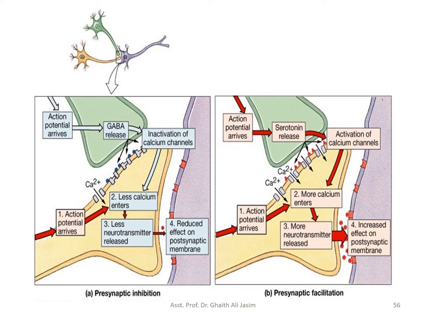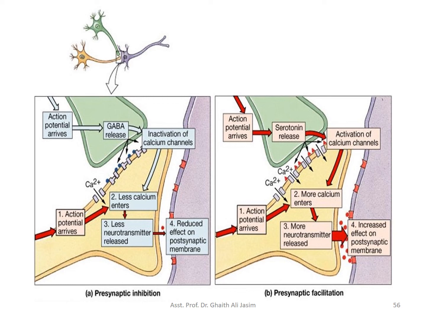We can find the illustration here. At the right side, we can see the presynaptic facilitation, when action potential arrives at the presynaptic neuron, and also release of serotonin, the neurotransmitter at the axo-axonal synapse, will cause prolonged opening of calcium channels.